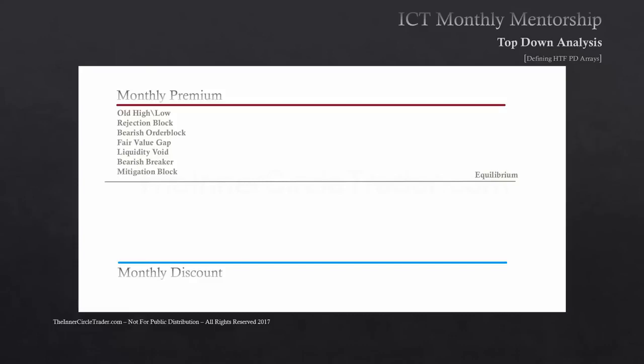First one you look at is the mitigation block or bearish breaker, and if there's neither of those, you look for a liquidity void to trade up into to close in that range, or fair value gap to close in. If it may not be any of that, then you would expect to see the bearish order block to be traded to. Then that would be your selling opportunity, because you're at a premium and you go to a logical area where institutional order flow would kick in, new orders would capitalize, and then the selling would ensue.